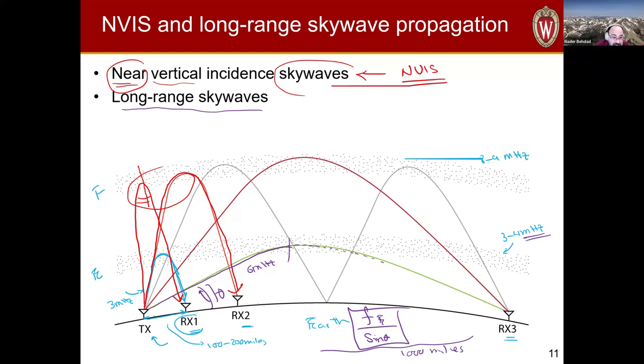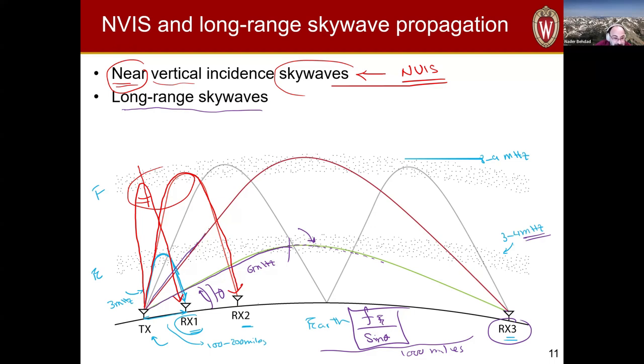Now between the same transmitter and receiver number 3, there are multiple paths that you can have, right? So for example, I can have a one hop. This is what we call a one-hop link, that reflects from the E layer. But I also can have a one-hop link that is launched with a larger takeoff angle.